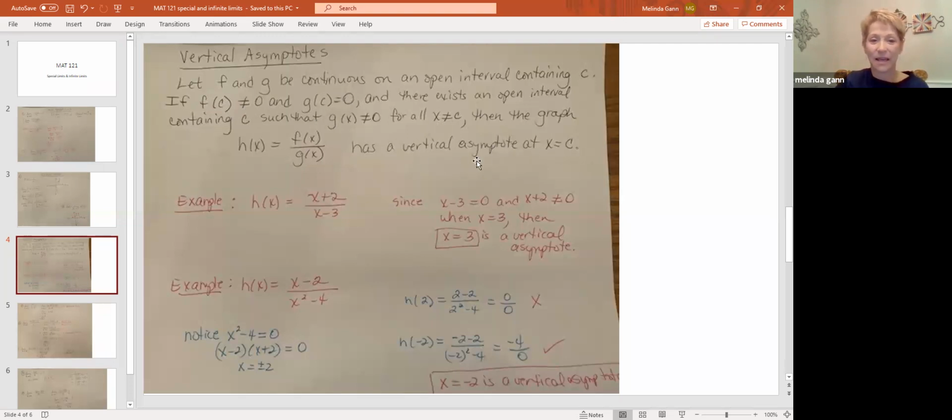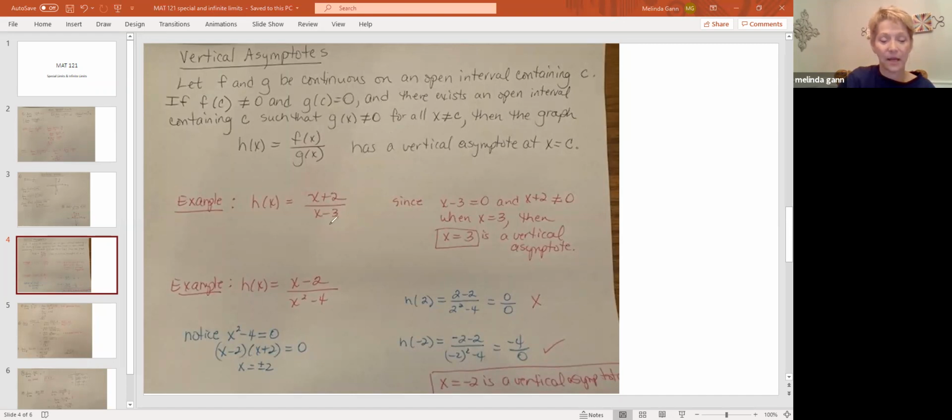Now, what's that saying? Here's what it's saying. If there's a number that will make the denominator equal to 0 that does not make the top equal to 0, then x equals that number is a vertical asymptote.